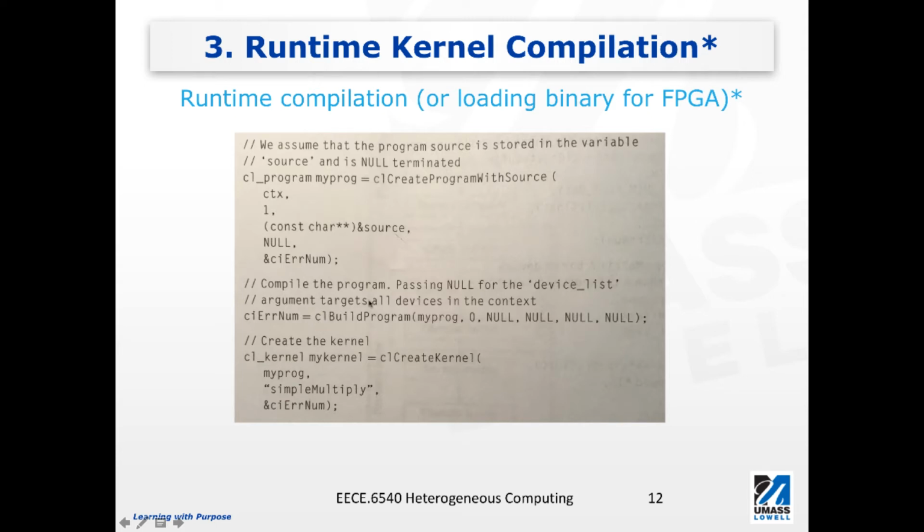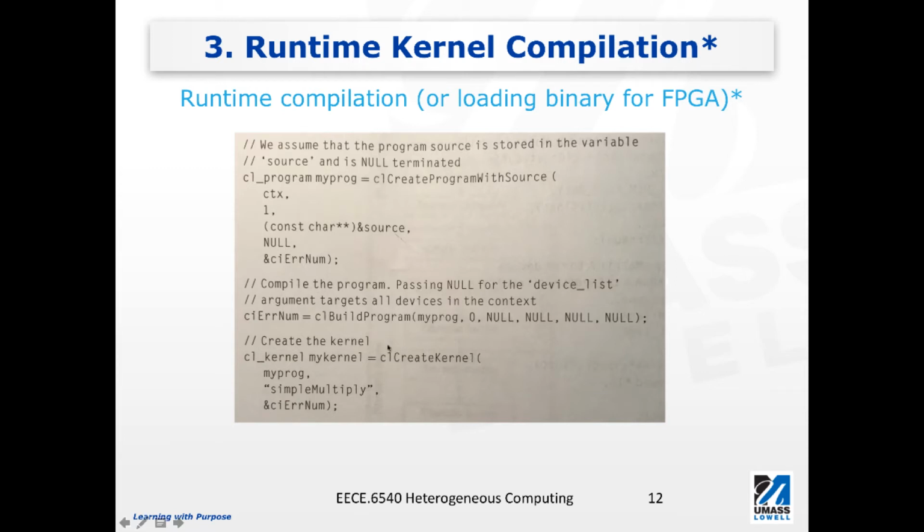Now, the compilation is done on the whole kernel source code, because the kernel source code may contain multiple kernel functions. So the next step is to create a kernel by selecting the right kernel function from that source code. Because you may have a multiply kernel function, an addition kernel function, or other kernel functions in the same .cl program.